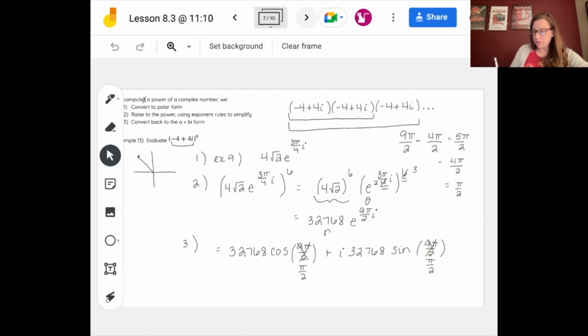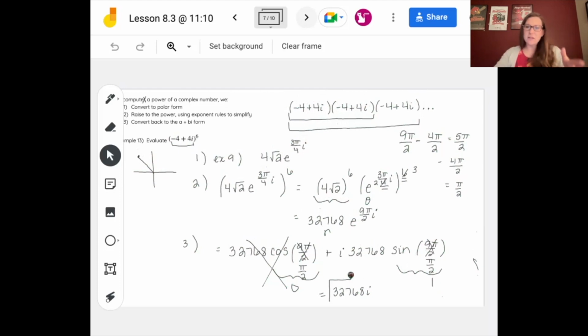I know that cosine of pi over 2 is 0. So this just disappears. 0 times anything disappears. I know that sine of pi over 2 is 1. So all I have is 1 times i times 32,768. So 32,768i is the final result.